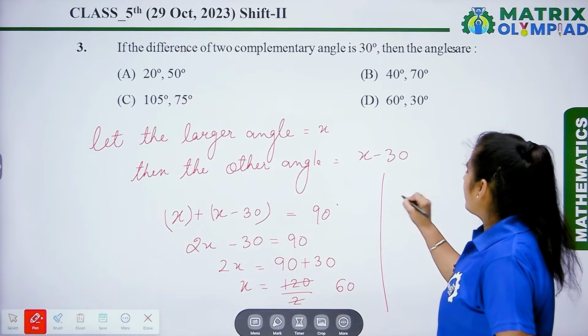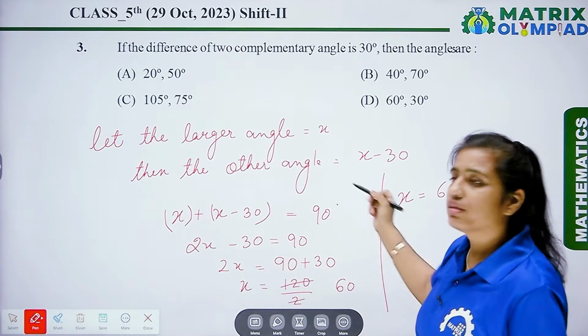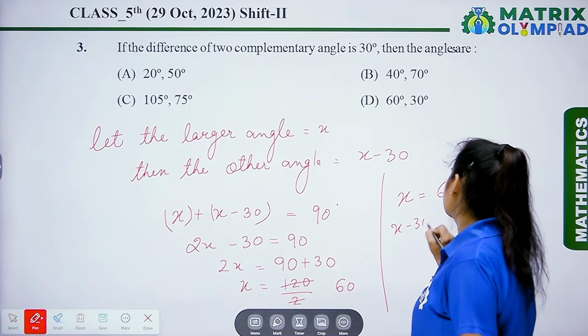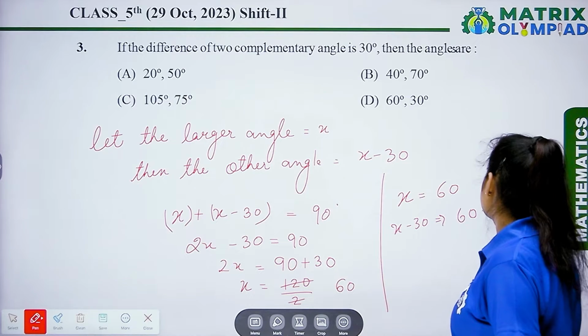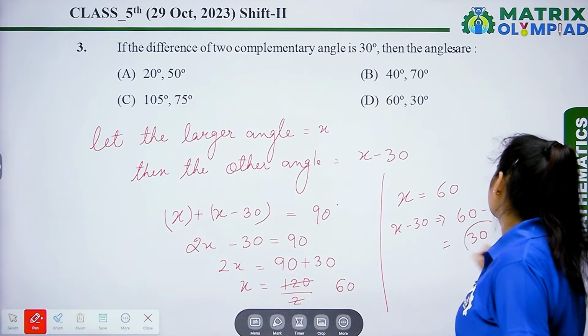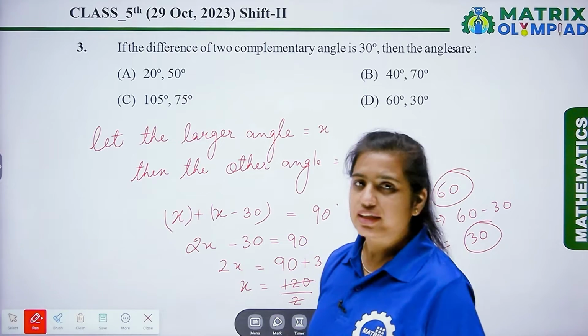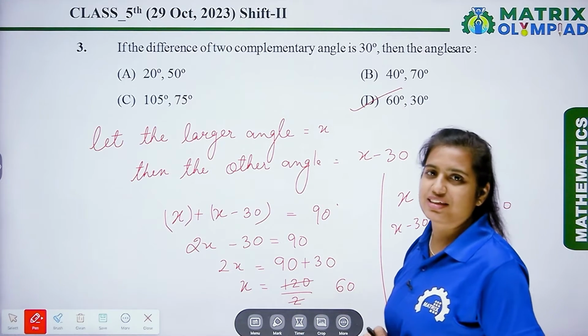So here the value of x is 60 and the value of another angle is x minus 30. It means 60 minus 30, that is equal to 30 degree. So our two angles are 60 degree and 30 degree. So here option D is the correct answer.